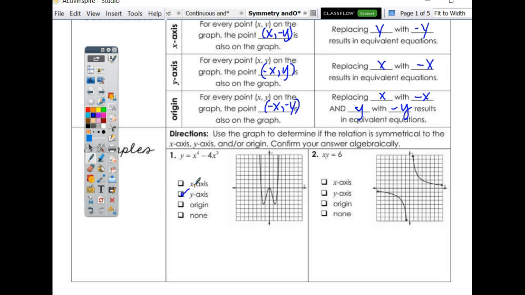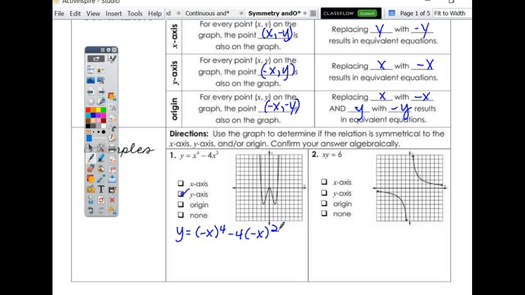So if I'm testing for the y-axis, what am I going to replace? X with a negative x. So wherever I see an x, I'm going to put a negative x. So what is negative x to the 4th power? Positive x to the what? 4th power.